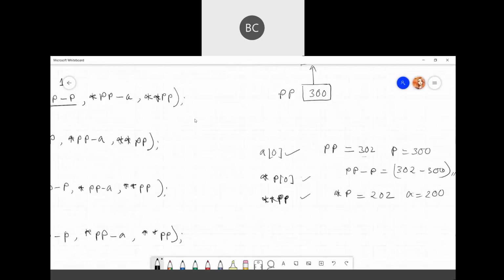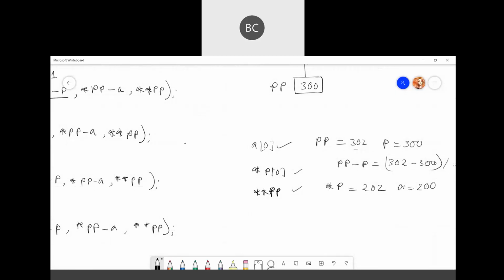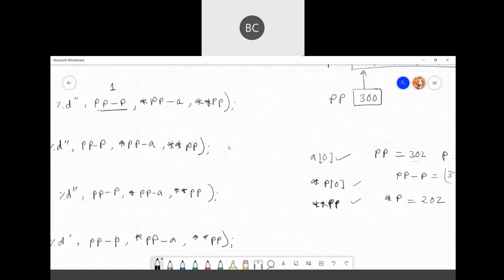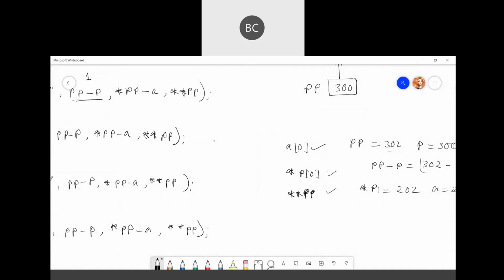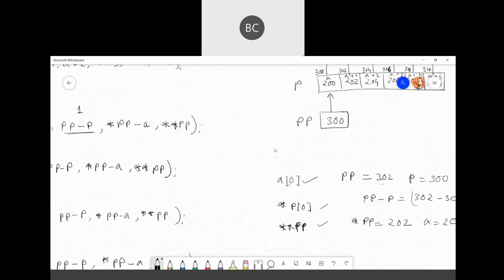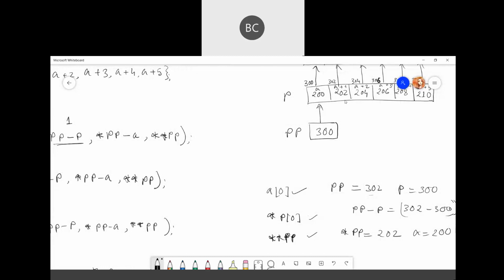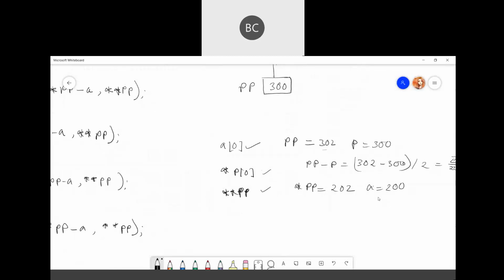Sorry, it's a double pointer. 302 is pointing to the next one. So the value of the double pointer means 202, so A.